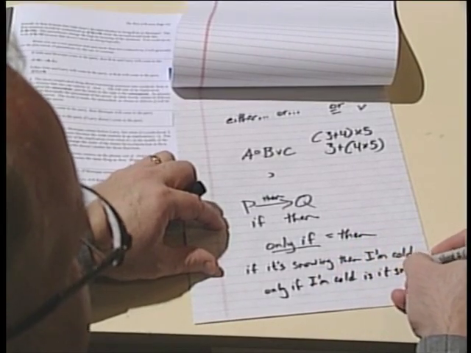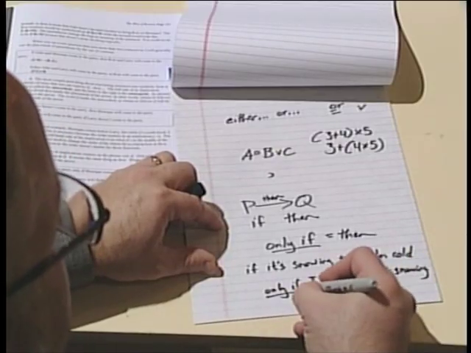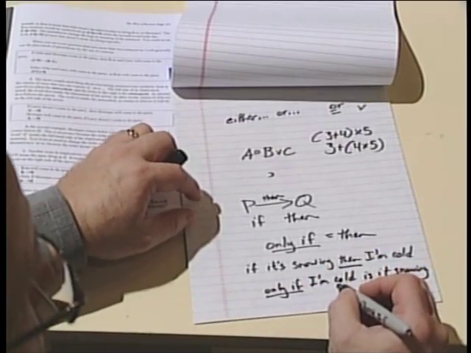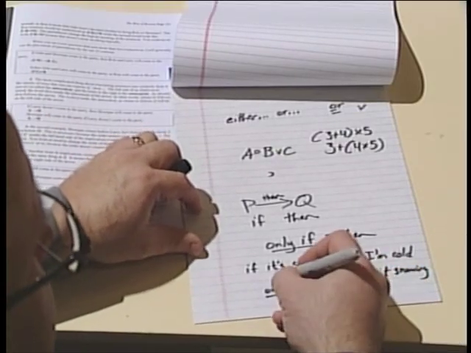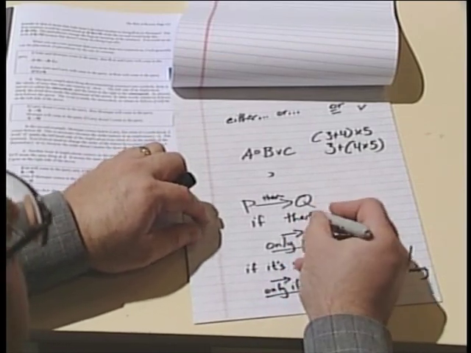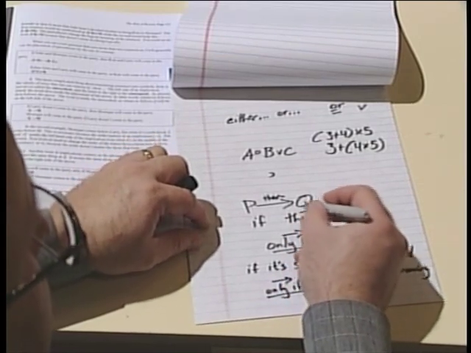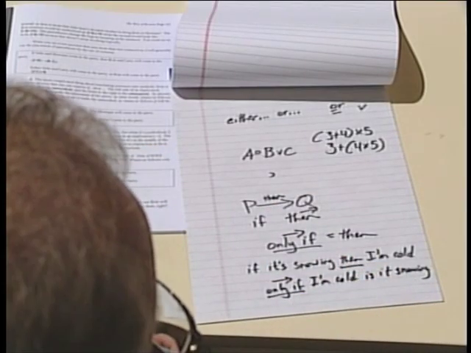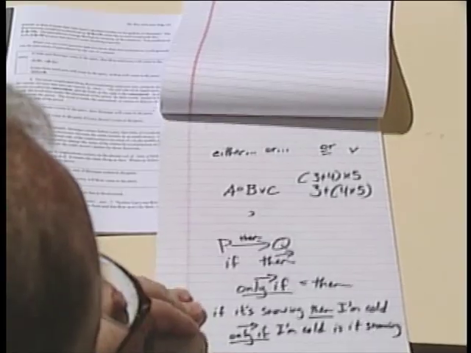And that's not the way people usually talk. But the word only if means the same thing as the word then. So when you see an only if, that's actually an arrow. Whereas if you see the word then, that's the arrow, and if doesn't get symbolized at all. Work the problems in the book to see exactly how that then cashes out.